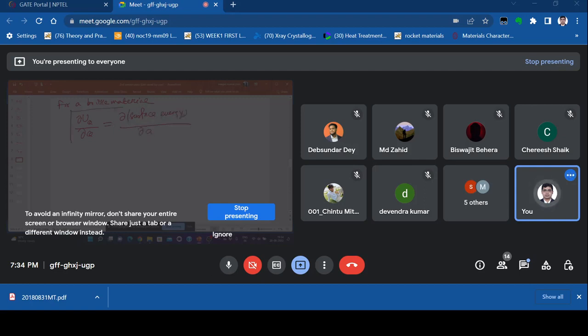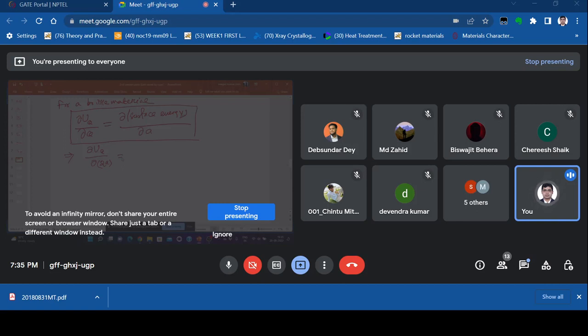So this is the very fundamental idea of Griffith's law. So actually in principle we should write del 2a because the whole crack length is 2a.